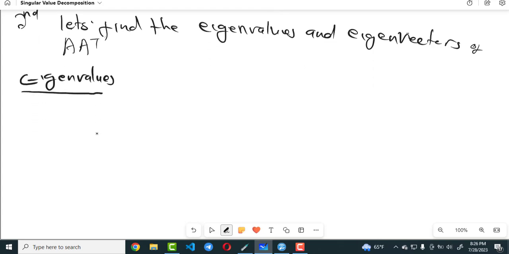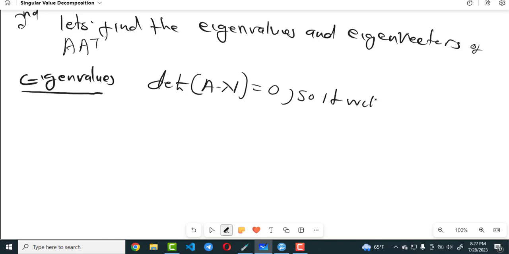So to find the eigenvalue, obviously we use the determinant of our matrix minus lambda times the identity matrix equals to 0. So here it will be our A A transpose matrix minus lambda identity equal to 0.